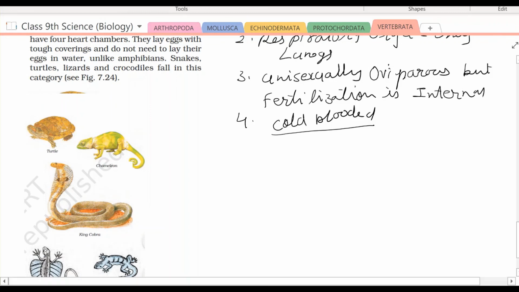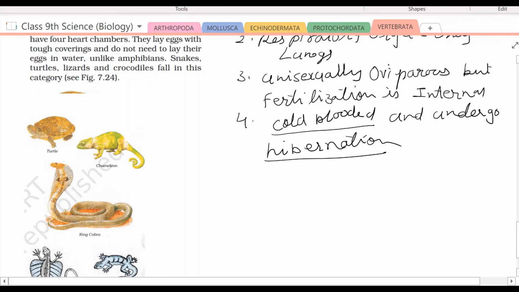Clear? That is the meaning of cold-blooded. We are warm-blooded, and reptiles are cold-blooded. Okay? And they undergo hibernation during the winter season.